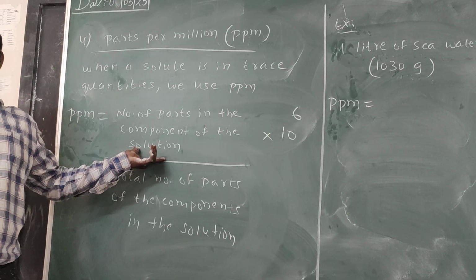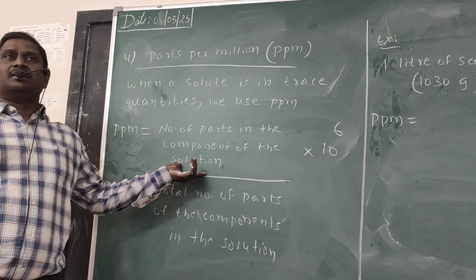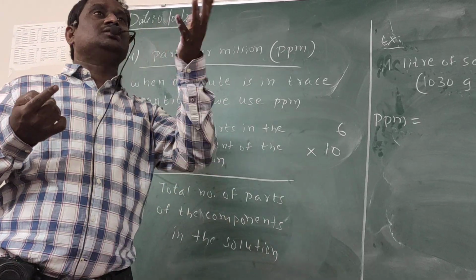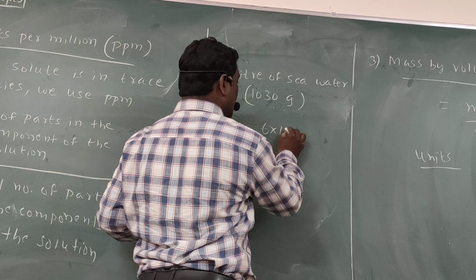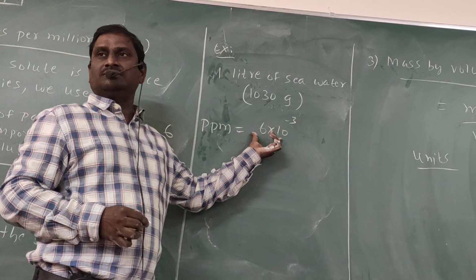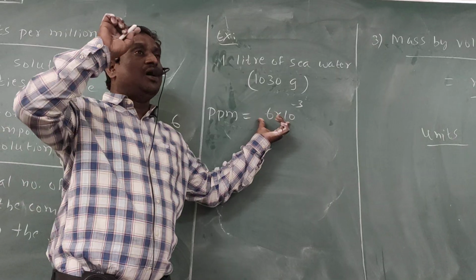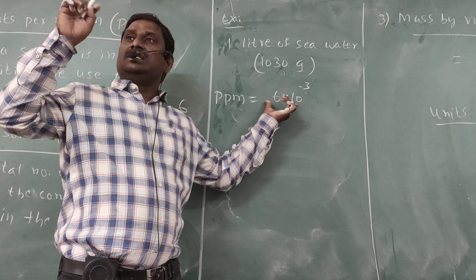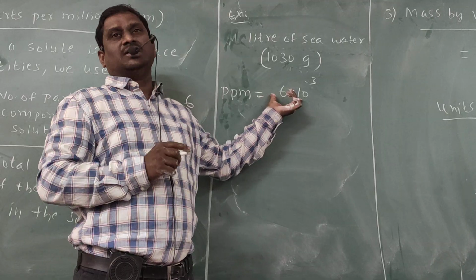What part in water will be there? Oxygen gas. In 1 liter, the oxygen dissolved is 6 into 10 to the power of minus 3 grams. This is a fixed value, so in 1 liter this much oxygen will be dissolved.